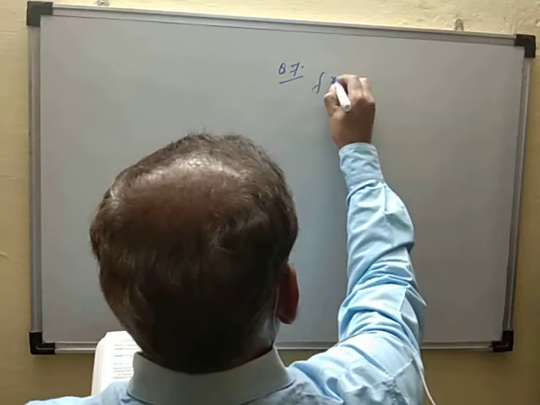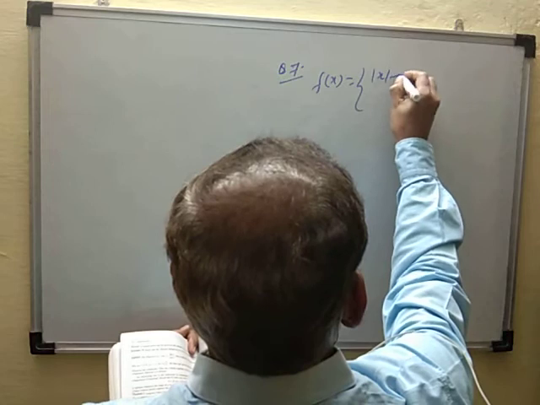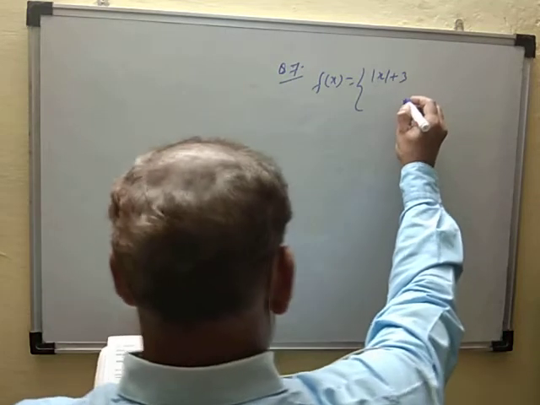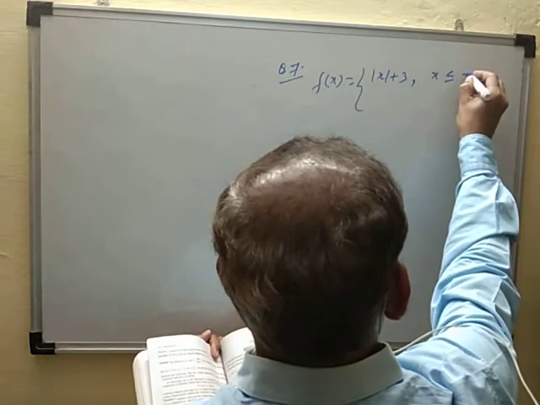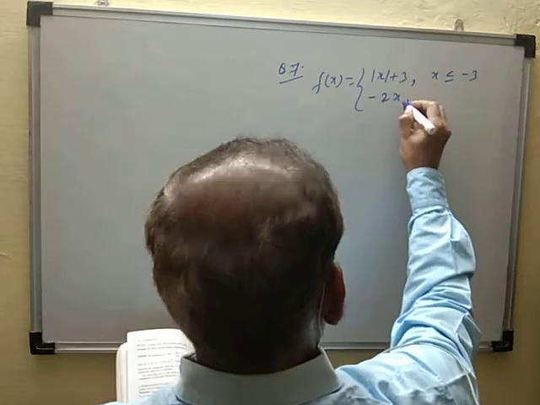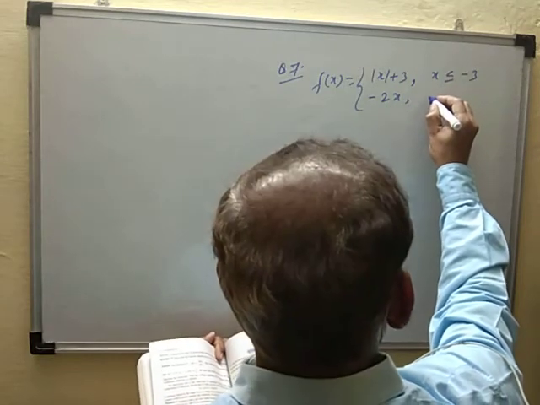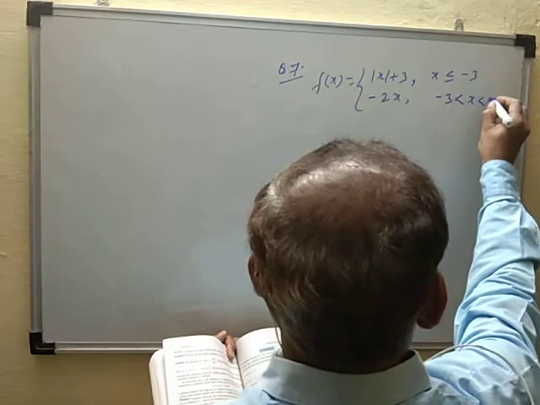f of x is equal to mod x plus 3 if x less than or equal to minus 3. Second value is minus 2x if minus 3 less than x less than 3.